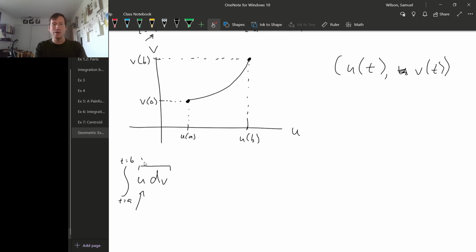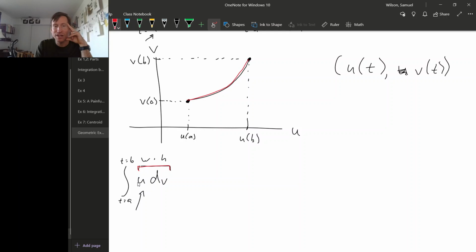Well, this is a width times a height for a very thin little rectangle. Where is that rectangle? Since t is going from a to b, we're going to get all of the u values from a to b, and all of the v values from v of a to v of b. So we need to draw this rectangle for every point along this graph.